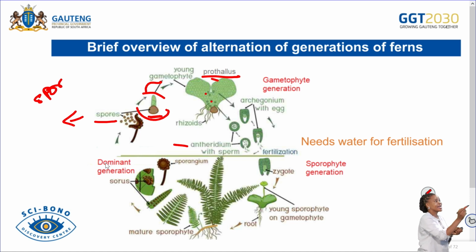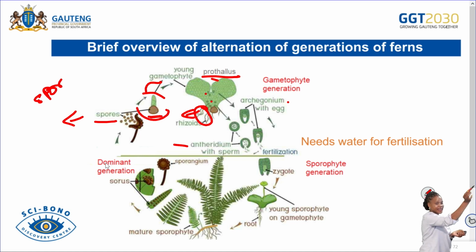The female gamete structure is called the archegonium, which also develops on the prothallus. And there are rhizoids which are developing on the prothallus.